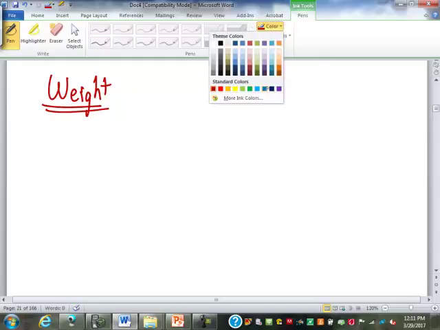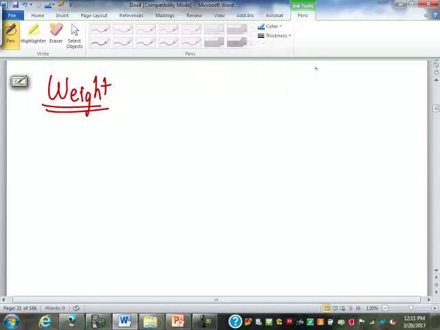And to deal with dosages based on weight, we have to first convert all of our weights into kilograms. A dosage based on weight might look like this: 3 milligrams per kilogram per 8 hours.